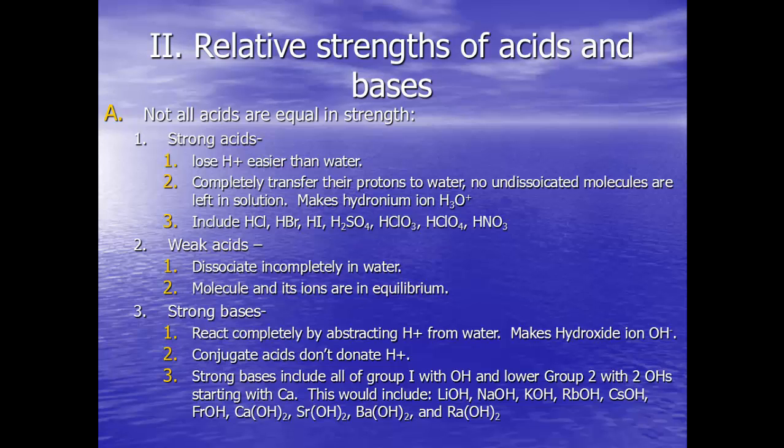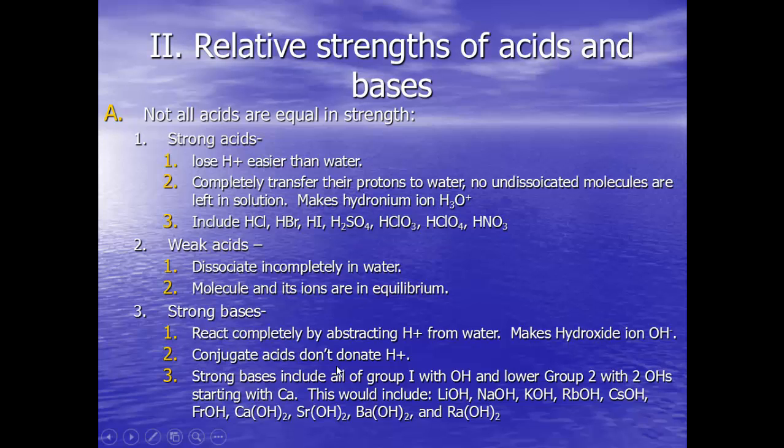Strong bases are similar to strong acids in that they dissociate completely, but they remove H+ from water, making hydroxide ions. So your conjugate acids don't donate H+ in this case. They actually are making OH-.